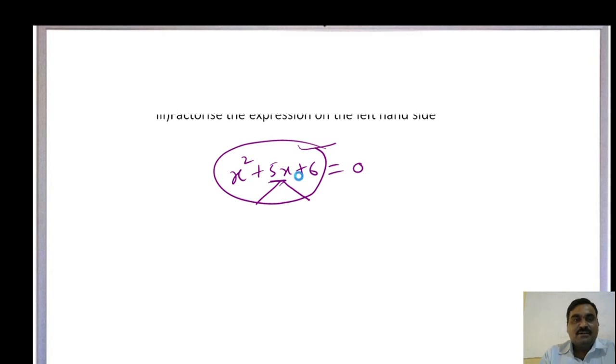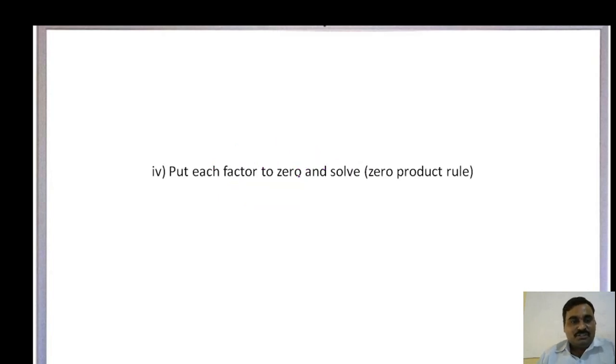Then later, put each factor to 0 and solve. This is called the zero product rule. For example, at the end stage you got x plus 5 into x plus 7 is equal to 0. You got the two factors after splitting the trinomial.